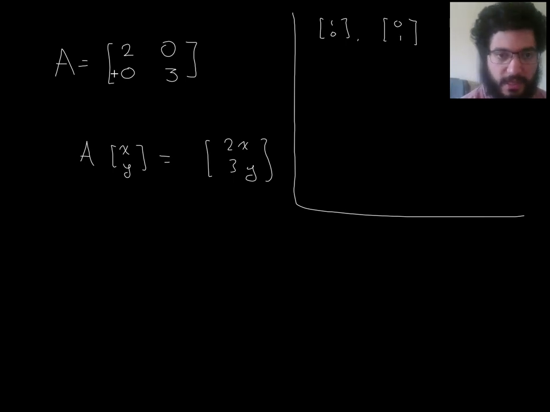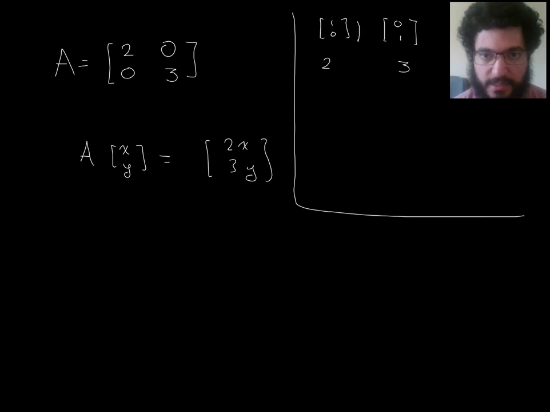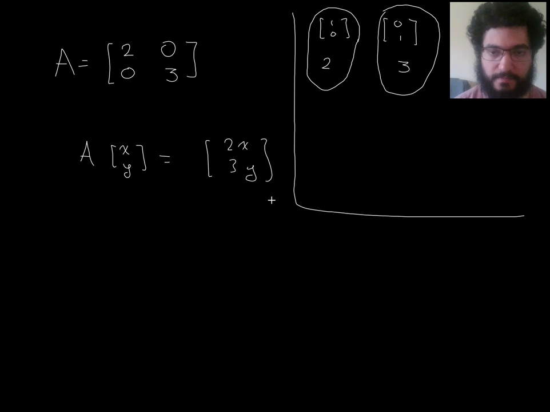So these were the eigenvectors for A, and along 1, 0 the eigenvalue was 2, and along 0, 1 the eigenvalue was 3. So this is one eigenvector eigenvalue pair for this matrix, and here's another eigenvector eigenvalue pair for this matrix.